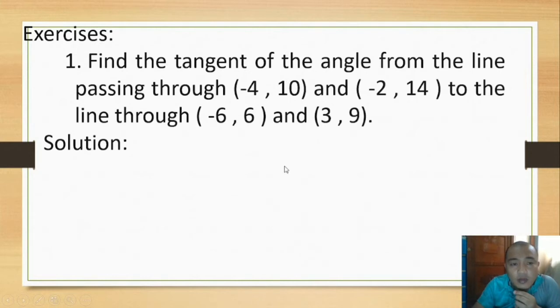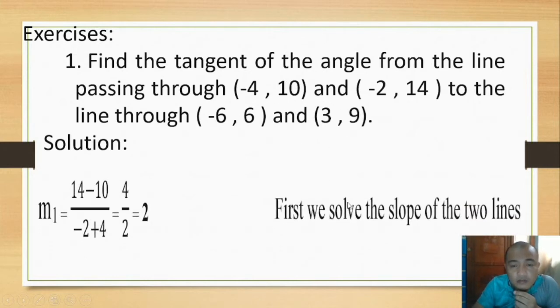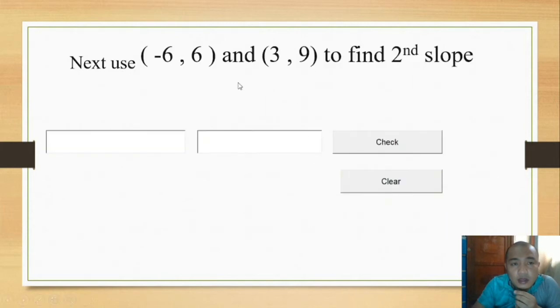Let's start with line 1. To solve for the slope, 14 minus 10 is 4, and then negative 2 plus 4 is 2. So we have 4 divided by 2 is 2. So the slope of line 1 is 2. How about the slope of line 2? Negative 6, 6 and 3, 9.